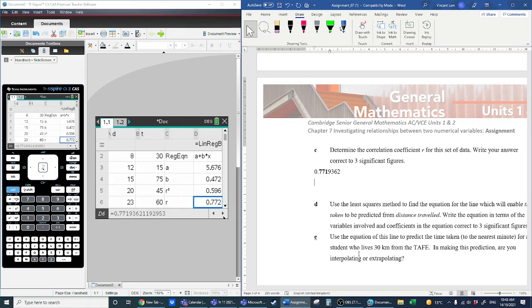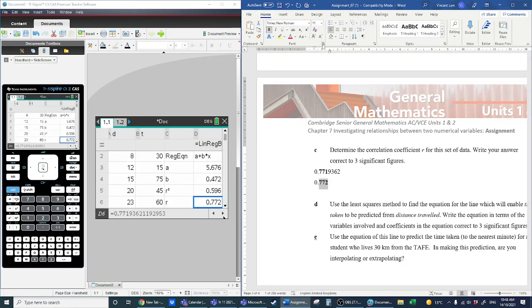So there's your 3 significant figures, except that the 1 needs to be rounded up to a 2 because of this 9. We still do basic normal rounding in terms of significant figures, but the answer is 0.772, and the 3 significant figures are the 772 there.